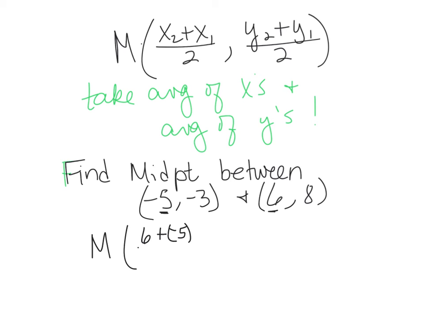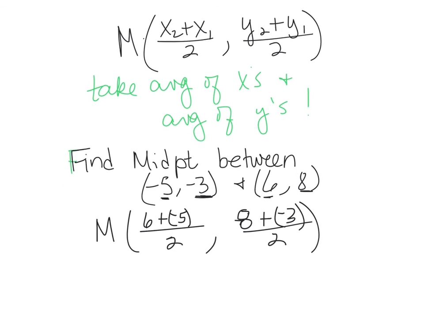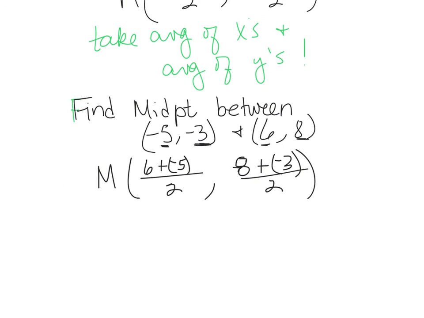Divided by 2, comma, and now I'm going to look at the y's. 8 plus -3 divided by 2. So 6 minus 5 is 1, and 8 minus 3 is 5. So these are the coordinates of my midpoint.